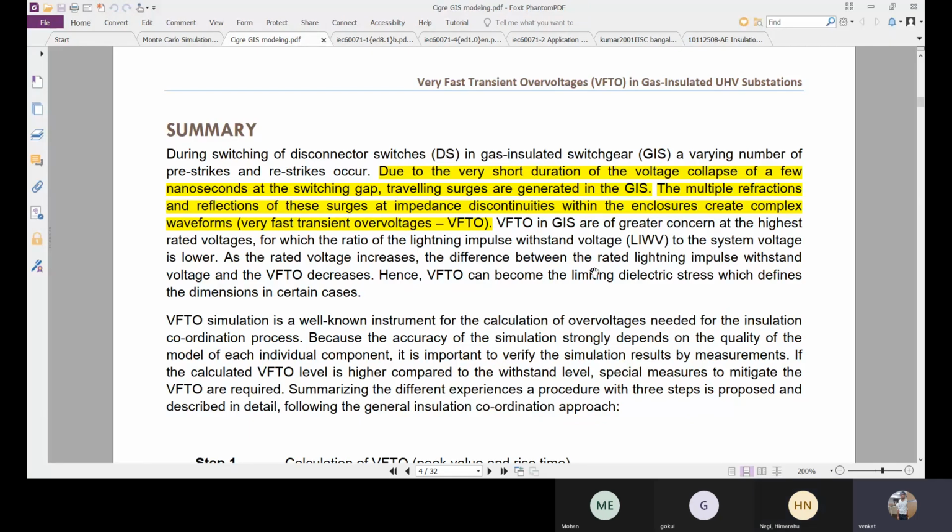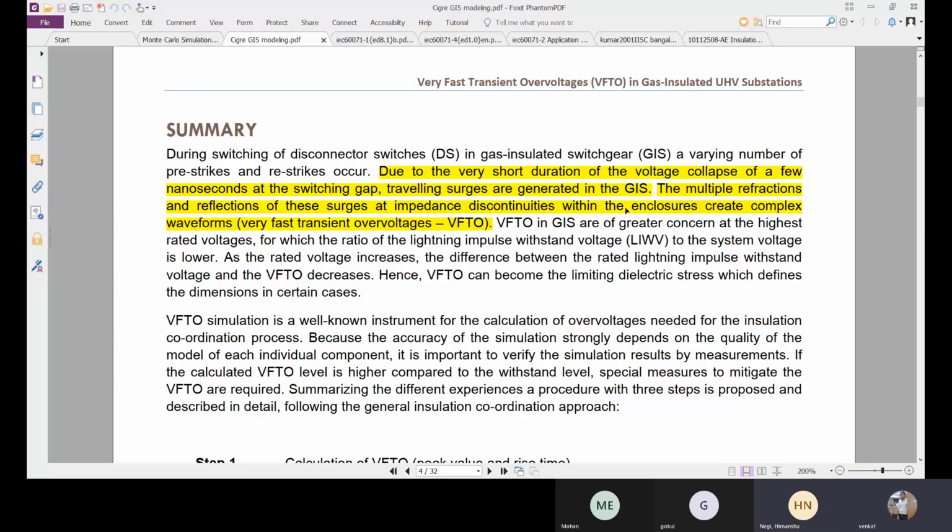In general, the voltage developed due to this disconnector action will be in the ratio of 2 per unit, for the worst case scenario.